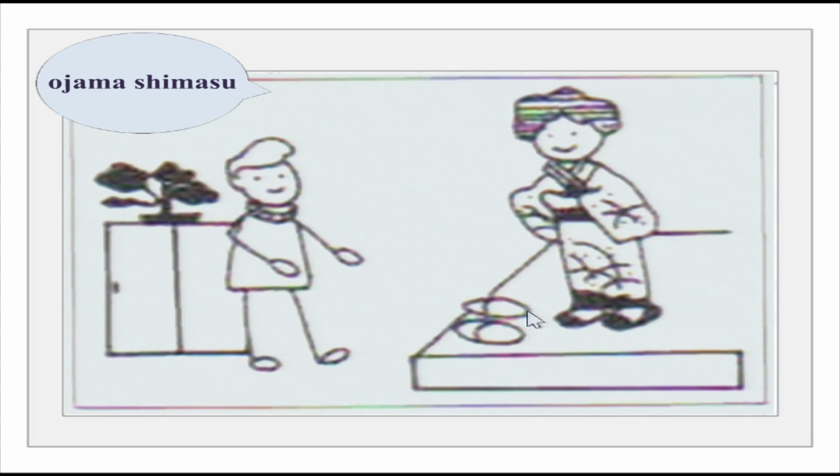So, what do you say over here? Ojama shimasu, that is the first phrase that you say when you enter or are about to enter someone's house. Jama means to be in the way, to disturb someone, and o is honorific. Ojama shimasu. I am intruding on your privacy.